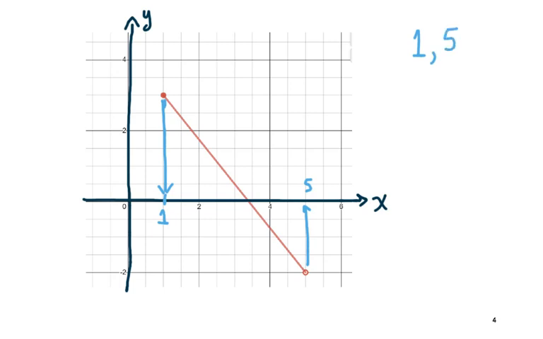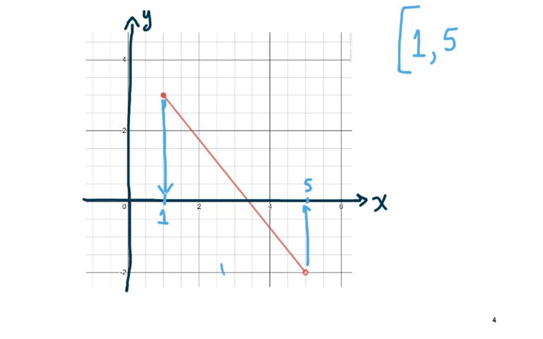The other thing I want you to notice is we need to figure out, are we going to use closed brackets or open brackets? Because this right here is a closed circle, it indicates that there is a point at x equals 1. So we will use a closed bracket around that 1.